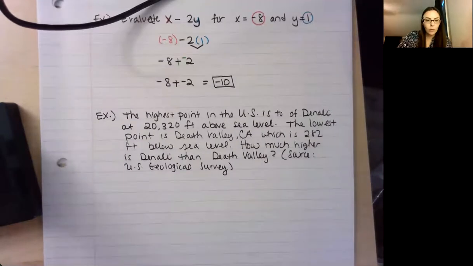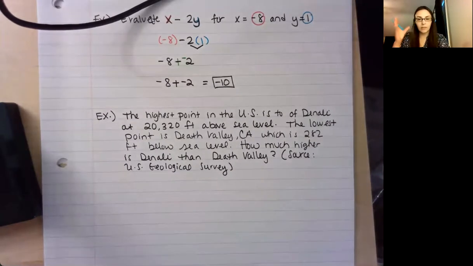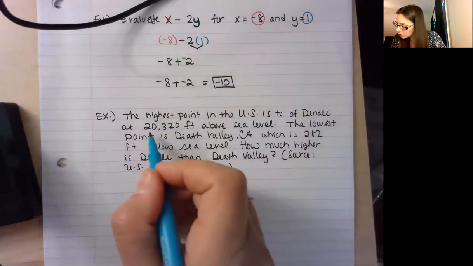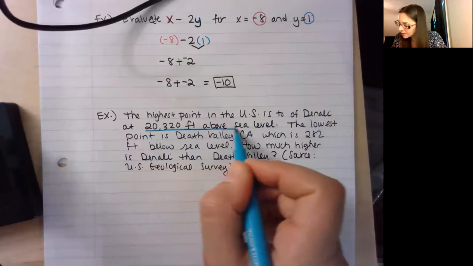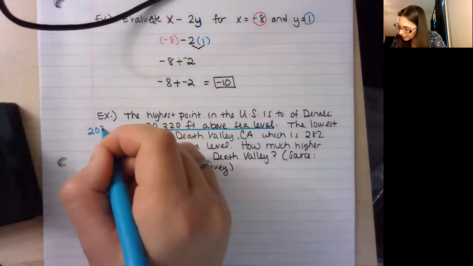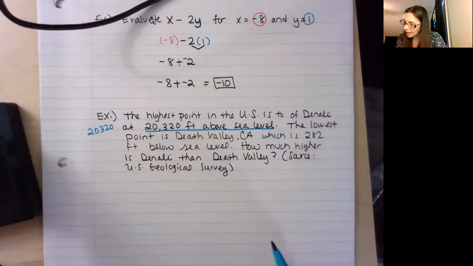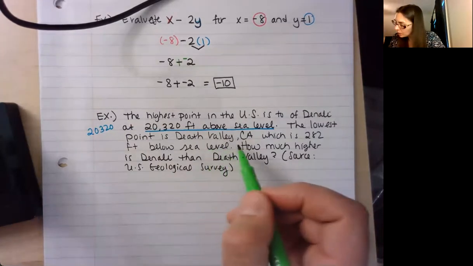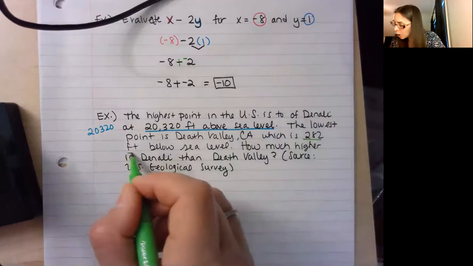All right, so if we read through again here, we see we have a few pieces of information, right? So I see that the highest point in the US is Denali, which is 20,320 feet above sea level. So that value is a positive value because it's above sea level. And then the lowest point is Death Valley, which is 282 feet below sea level.